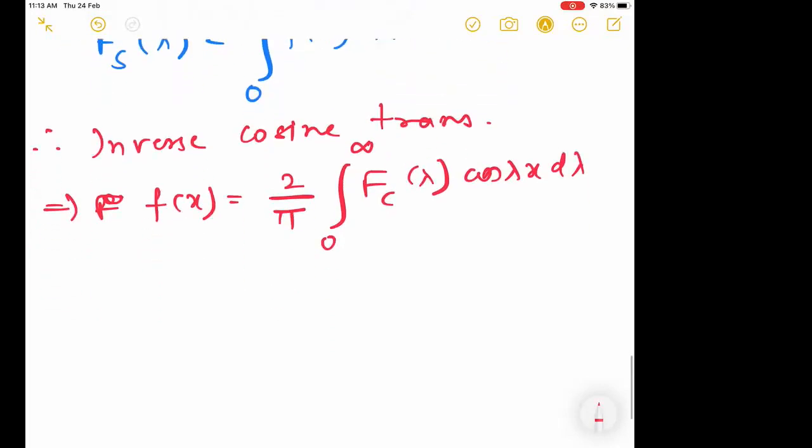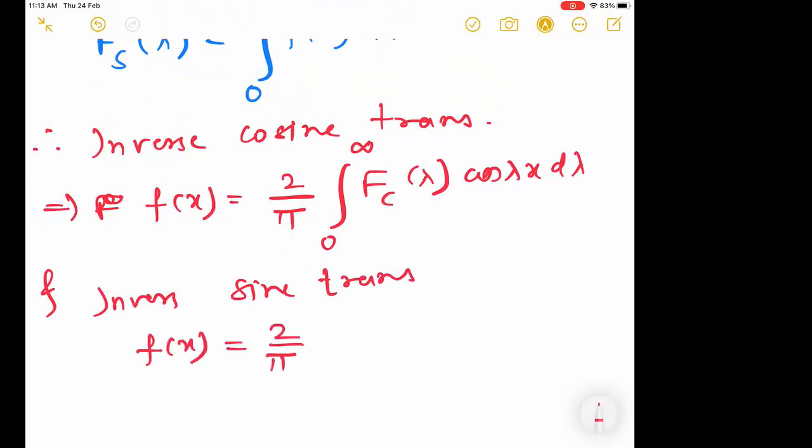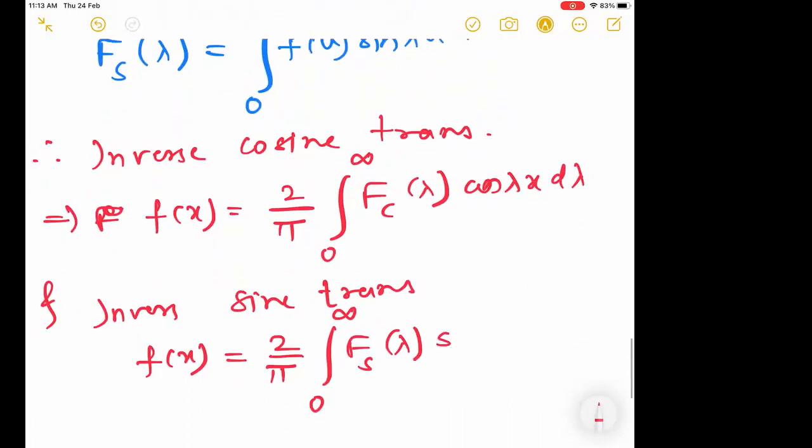The answer is expected in the form of x. And the inverse sine transform is defined again, f(x) is equal to 2 upon pi, integral 0 to infinity of Fs(lambda), multiplied by sin(lambda x) d lambda.